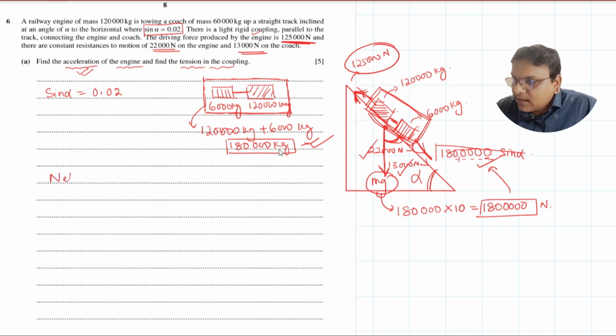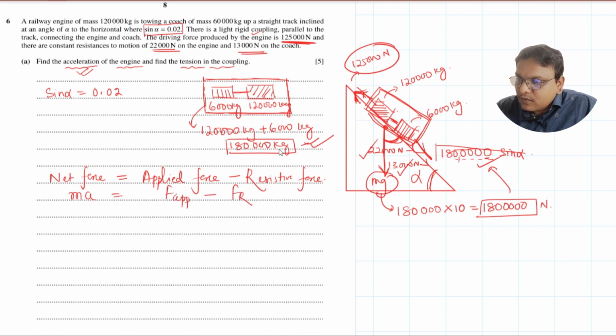I can write that the net force is equal to the applied force minus the resistive force. So net force F equals ma. The applied force minus the force of resistance.